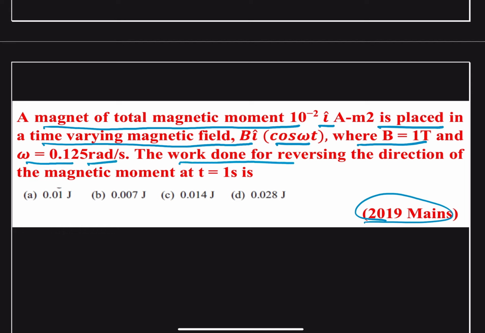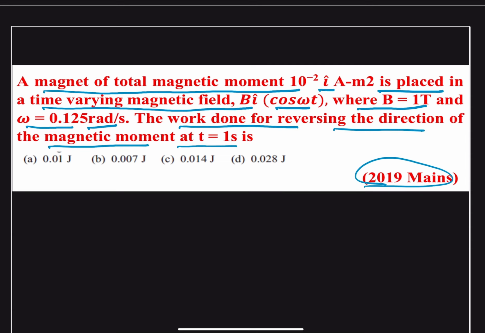The work done for reversing the direction of the magnetic moment at t equal to 1 second is. So we have to reverse the direction of the magnetic moment and find out the work done. So here we are going to find out the energy before and after the reversing, and solve it and get the answer.